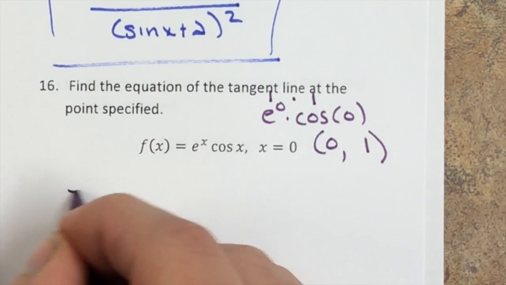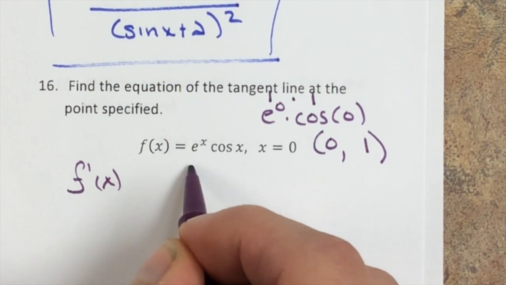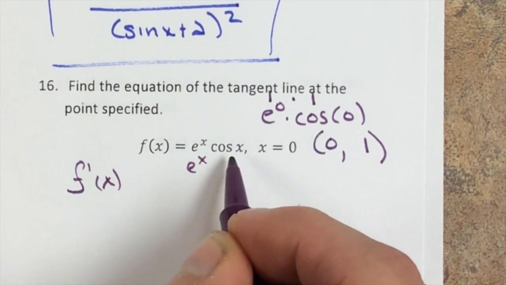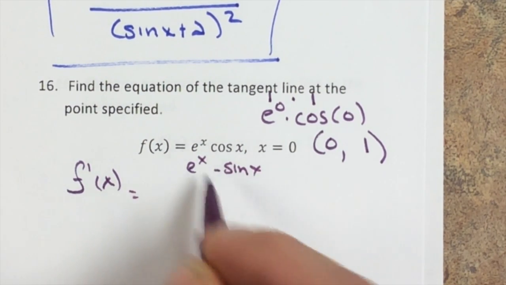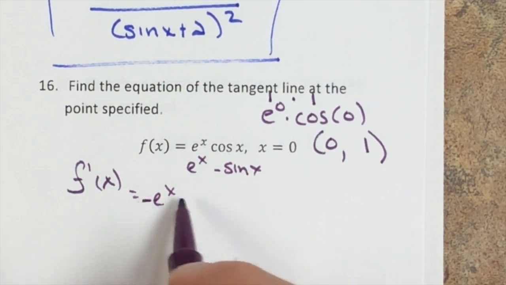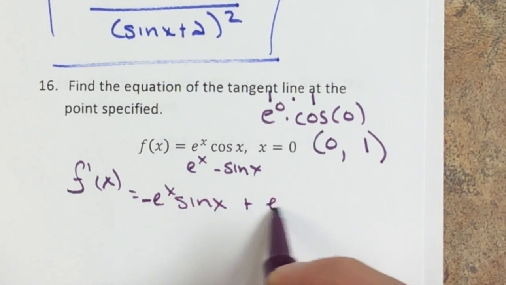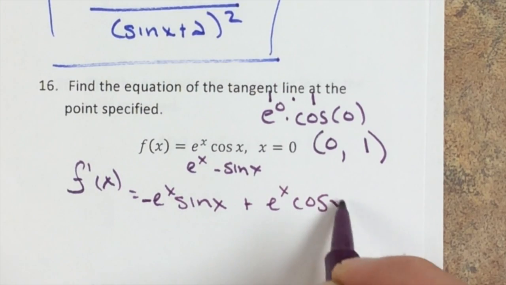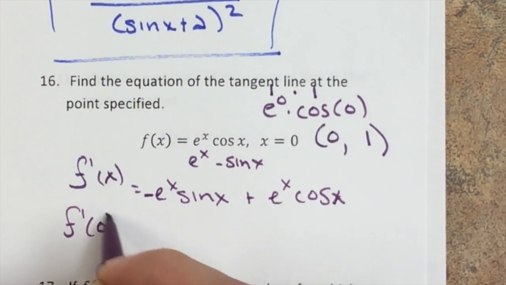What's my slope? What is f prime of x? Well, derivative of e to the x is e to the x. Derivative of cosine is negative sine. Crisscross applesauce. So I have e to the x times negative sine x plus e to the x cosine x. Now I want to know what f prime of 0 is.